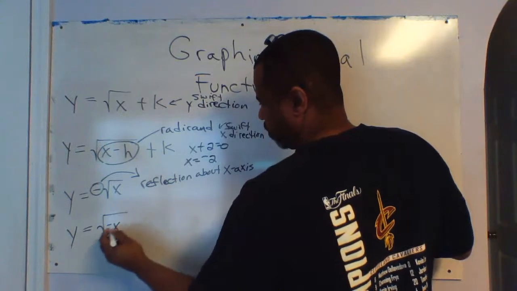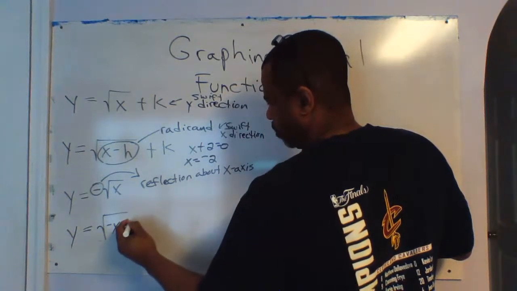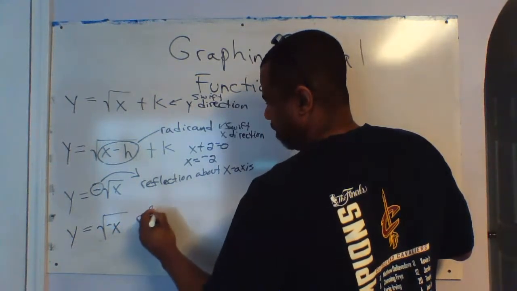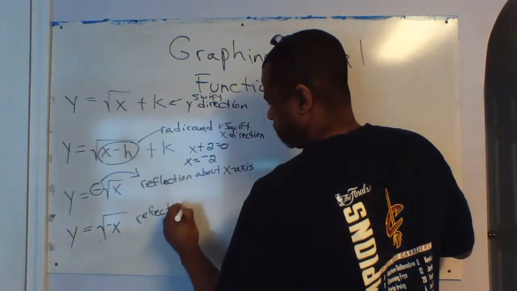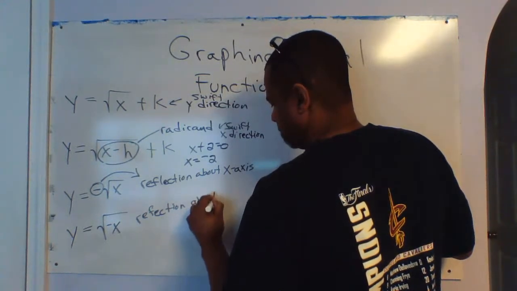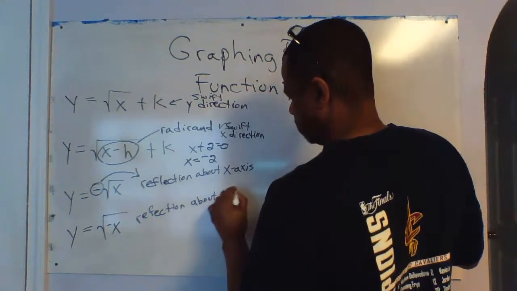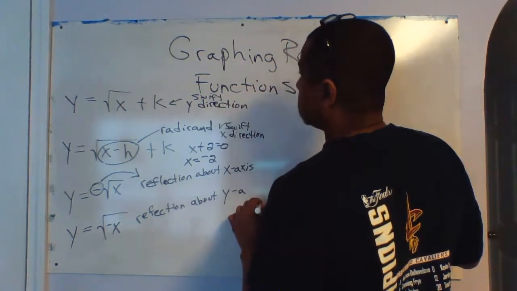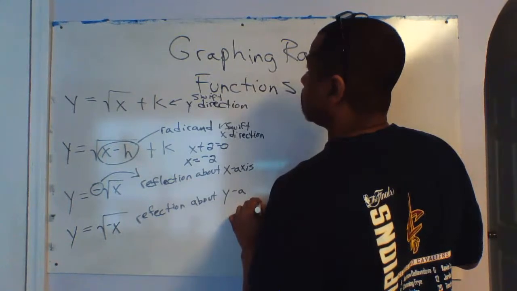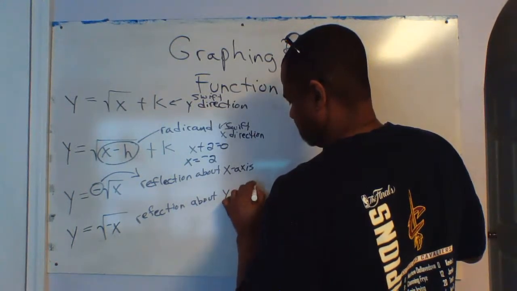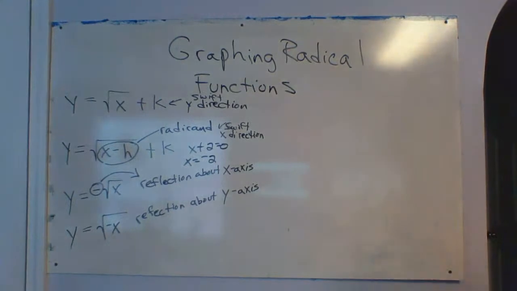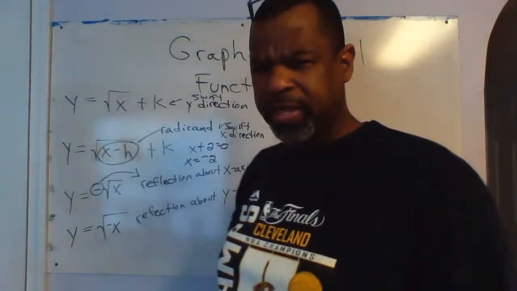And then if it's in the radicand, it's going to be a reflection about the y-axis. All right. So you get that?